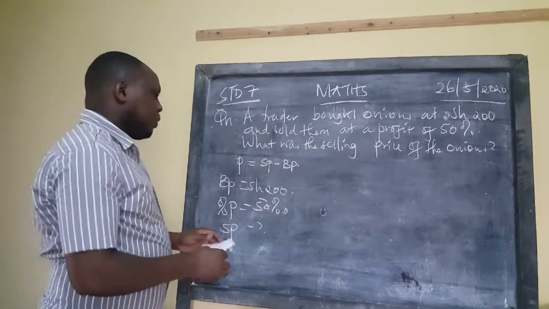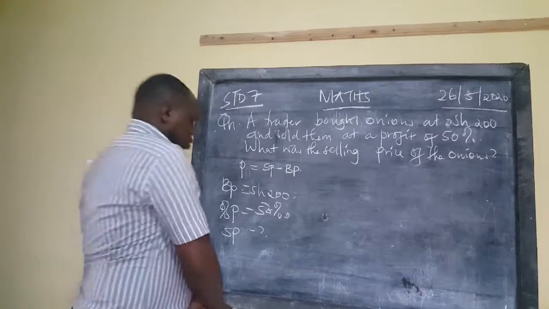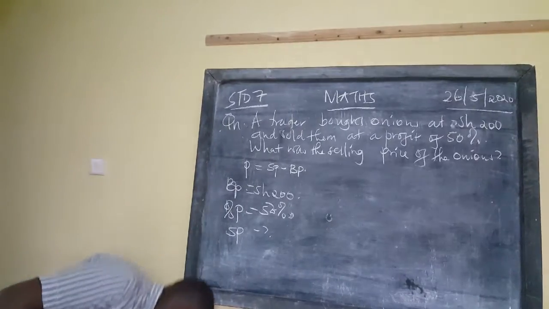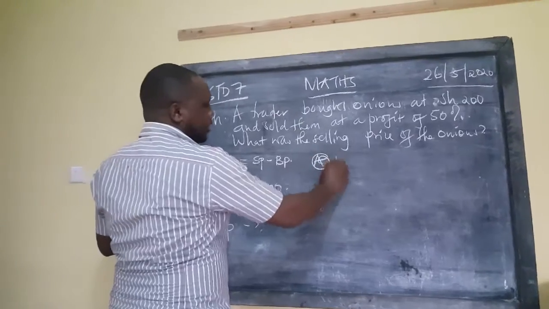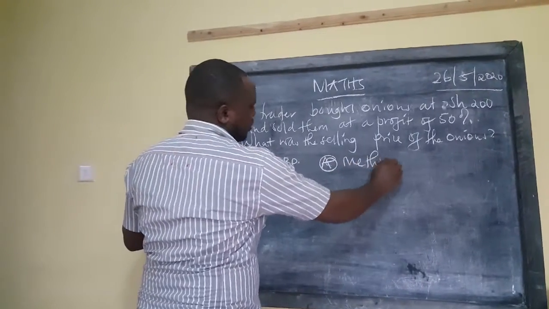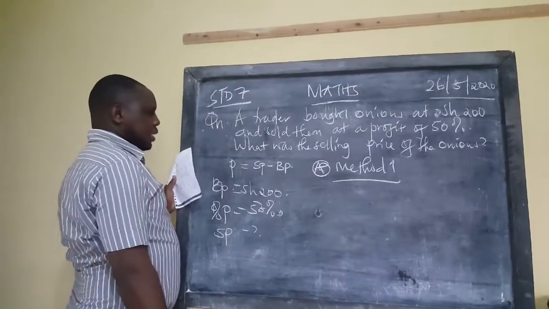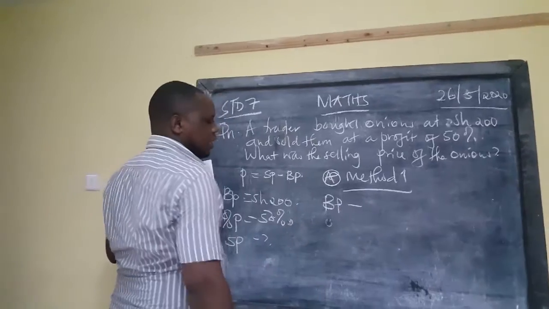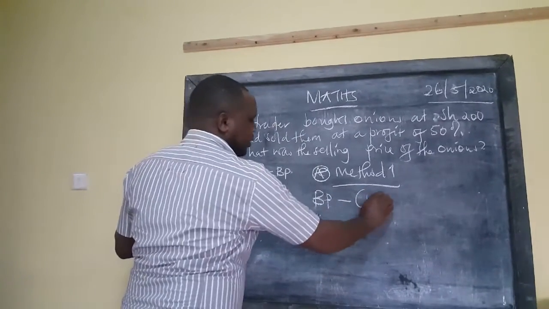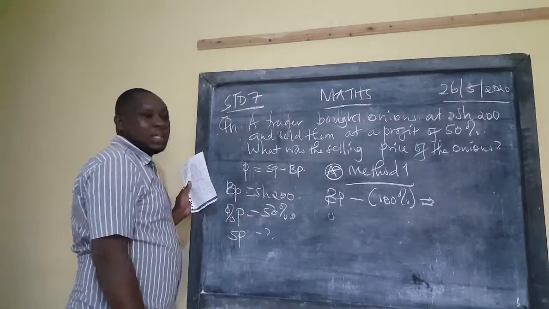So there are a number of methods of doing this question, and I will begin with method one. We want to get the buying price, which is always 100%, and this is equivalent to 200 shillings.